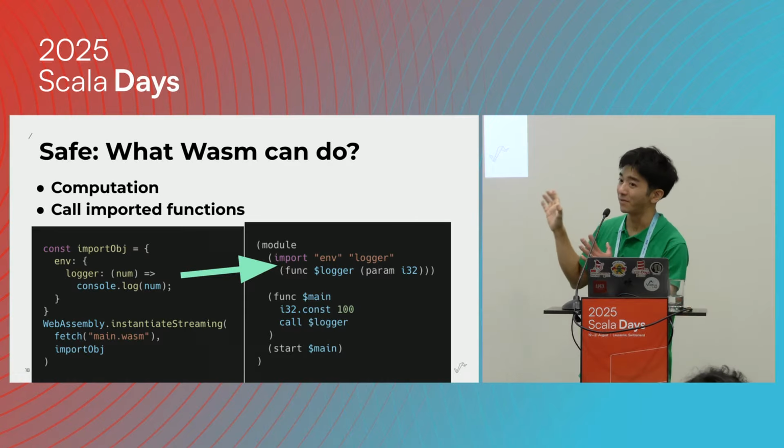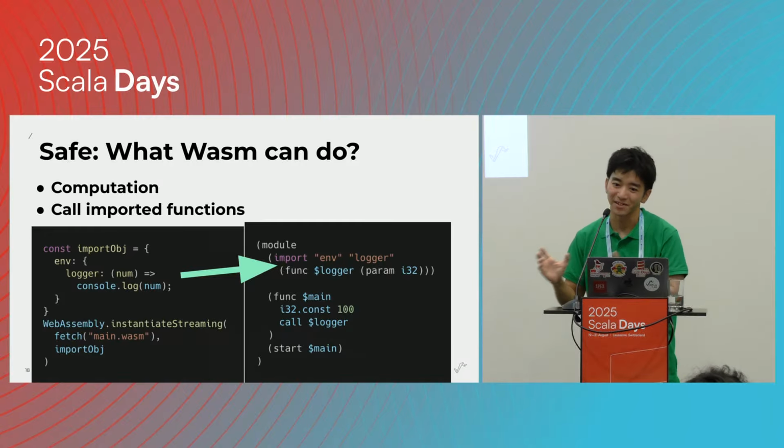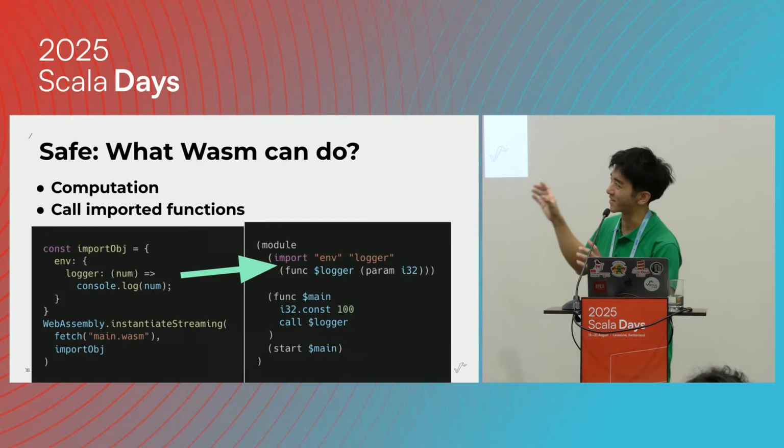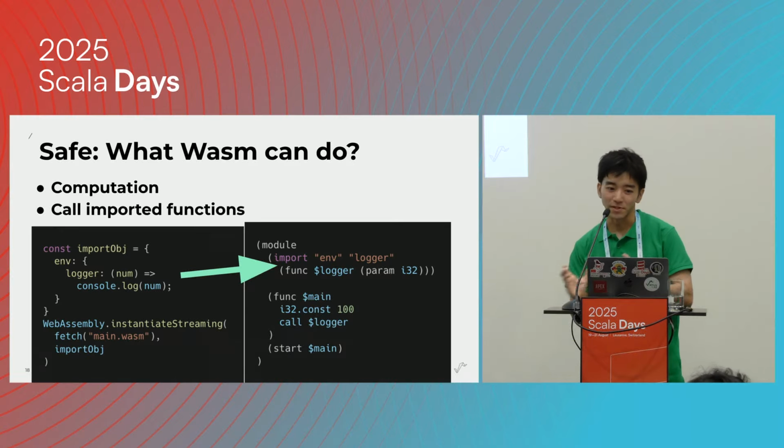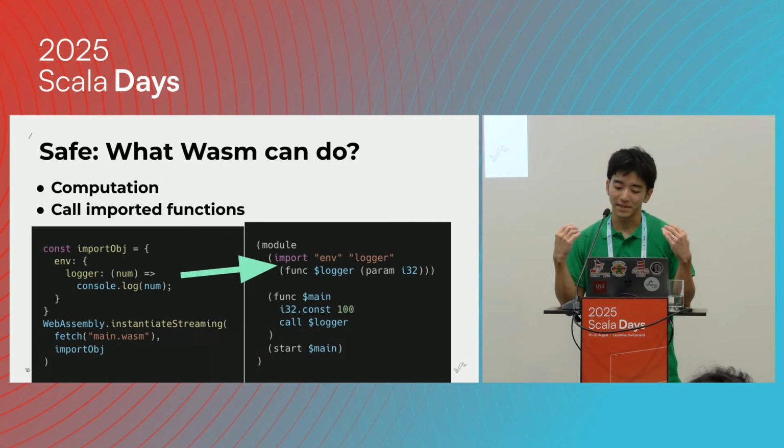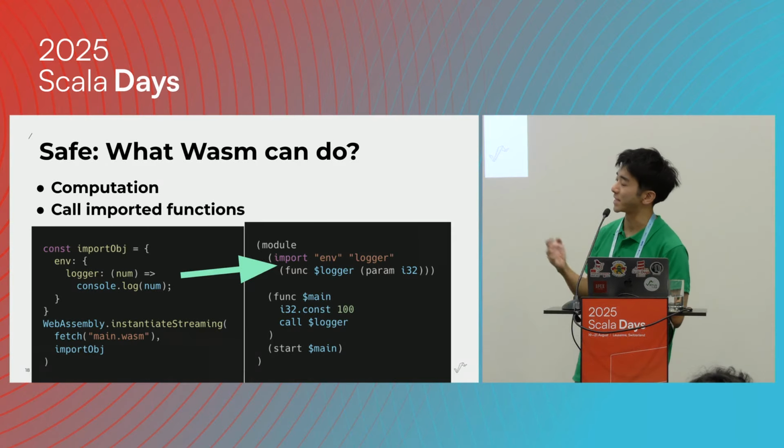So this is how WebAssembly prints something to stdout. So WebAssembly needs to go through the host environment in order to access every host system resource, including stdout.